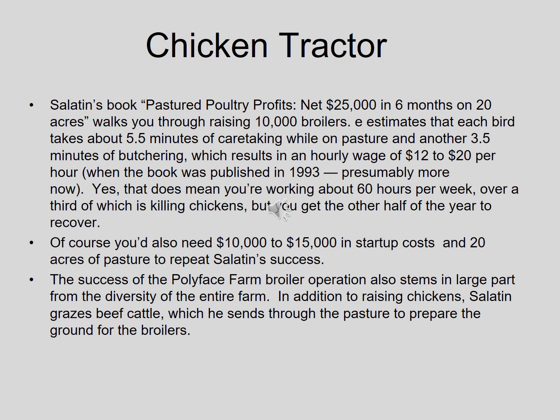Joel Salatin's book, called Pastured Poultry Profits, is one that outlines the methods involved in using a chicken tractor, where chickens normally would be kept in a small coop or kept in mobile coops, and they can be moved along the field, not too long at any given location, a few days.